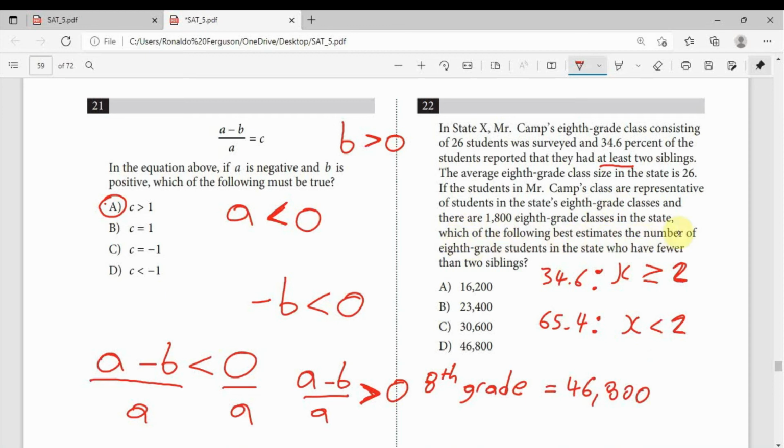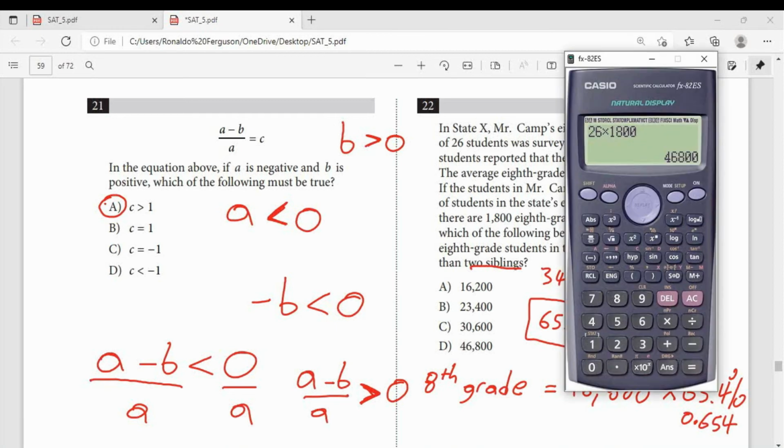Now notice what the question says: which of the following best estimates the number of 8th grade students who have fewer than 2 siblings? So of this total, we know that 65.4% are going to have fewer than 2 siblings. So we just need to multiply the total by 65.4%, which as a decimal is 0.654.